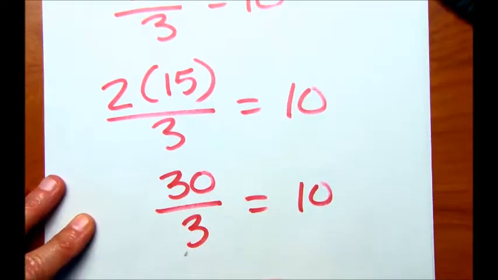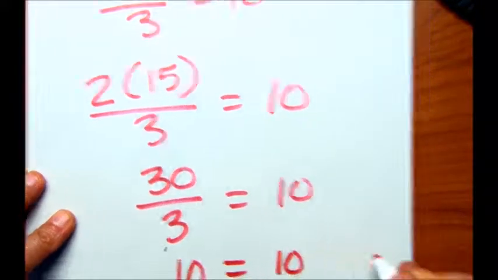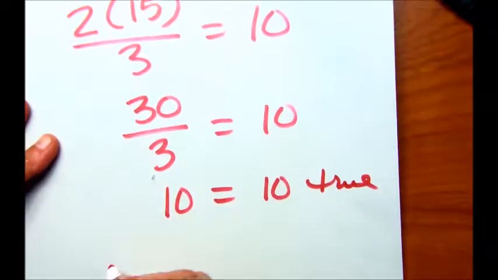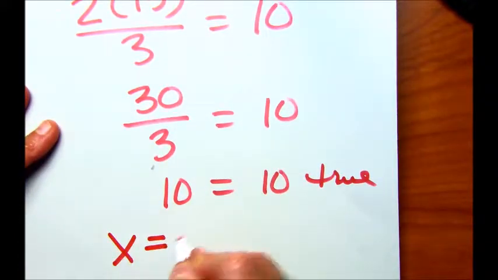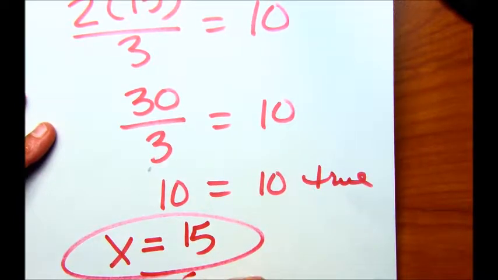Well, 30 divided by 3 is 10, because 10 times 3 is 30. So that is true. So I feel pretty confident that x, in this case, is 15. That's my solution.